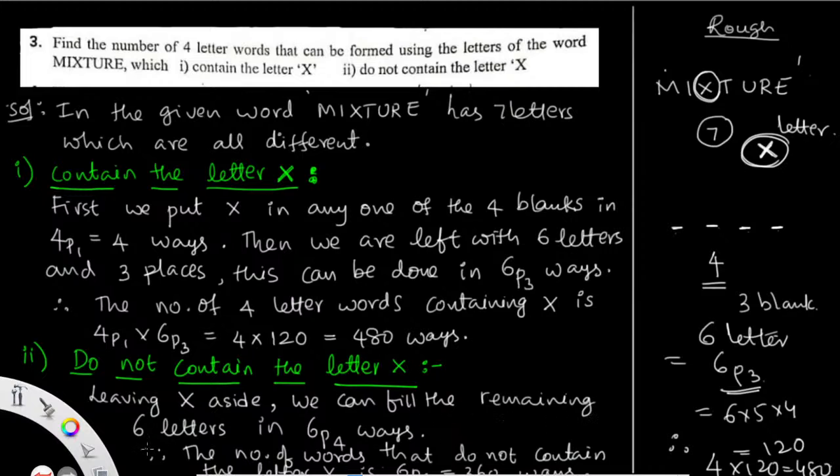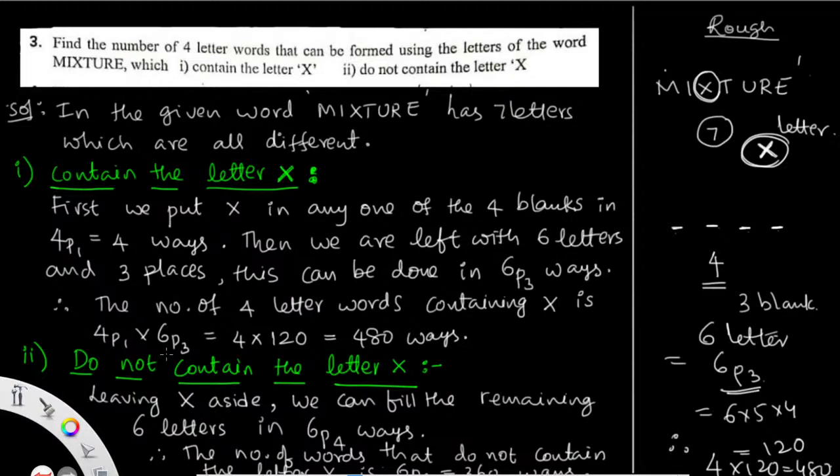Fill the remaining 6 letters. In MIXTURE, X should be eliminated. The remaining letters are 6, to get a 4-letter word. So that can be done in 6P4 ways. Therefore, the number of words that do not contain the letter X is 6P4, that is 360 ways. Okay.